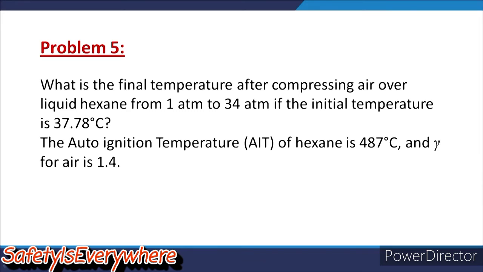Remember, when we are compressing, we cannot overlook another thermodynamic property, the auto ignition temperature. The auto ignition temperature of hexane is 487 degrees Celsius, and gamma for air is given as 1.4. So, let us solve this particular problem.